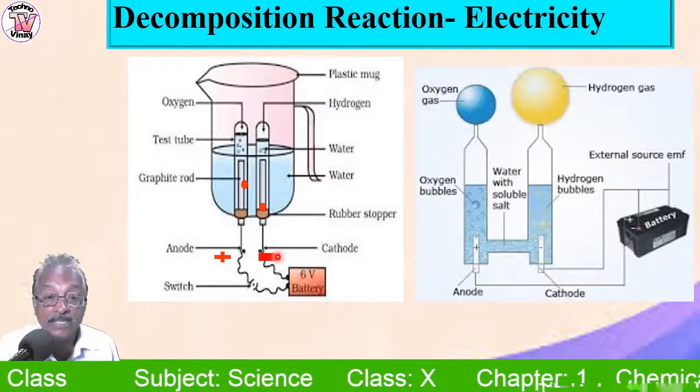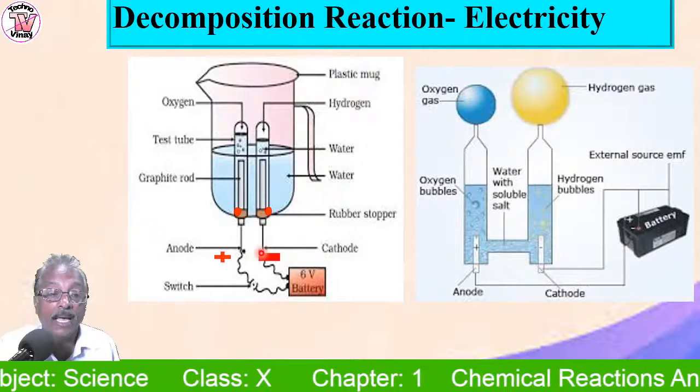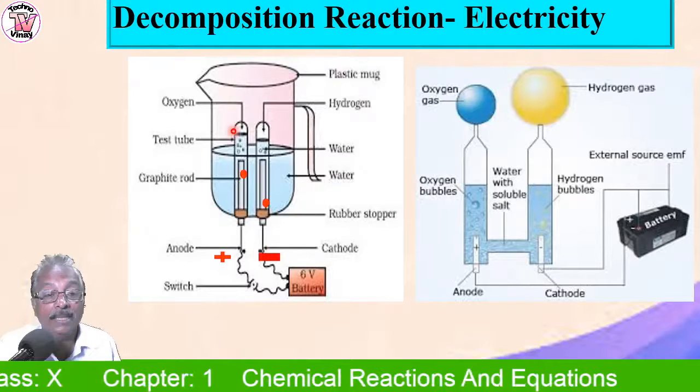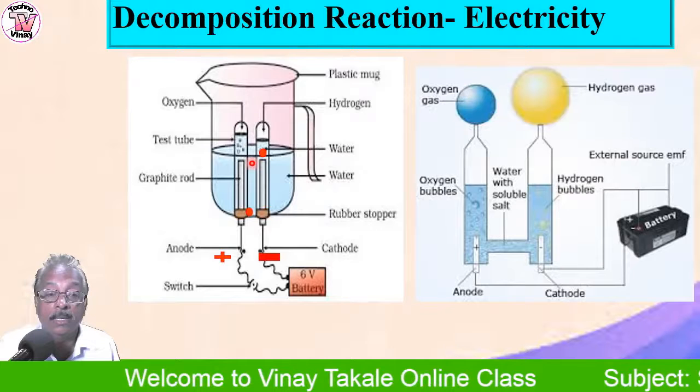Anode is positive, having positive charge, so the gas given out here will be oxygen. We have already seen that non-metallic ion oxygen acquires a charge of O2 minus, so it accepts 2 electrons. So you have to remember: at cathode the gas given out is hydrogen, and at anode the gas given out is oxygen. Followed?